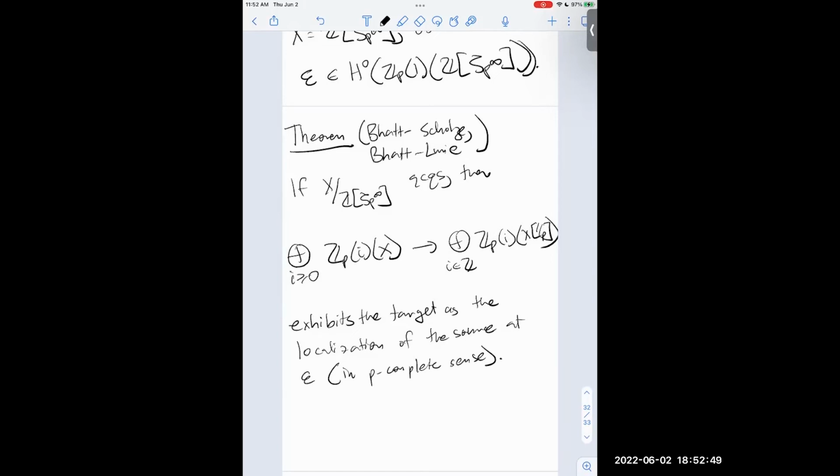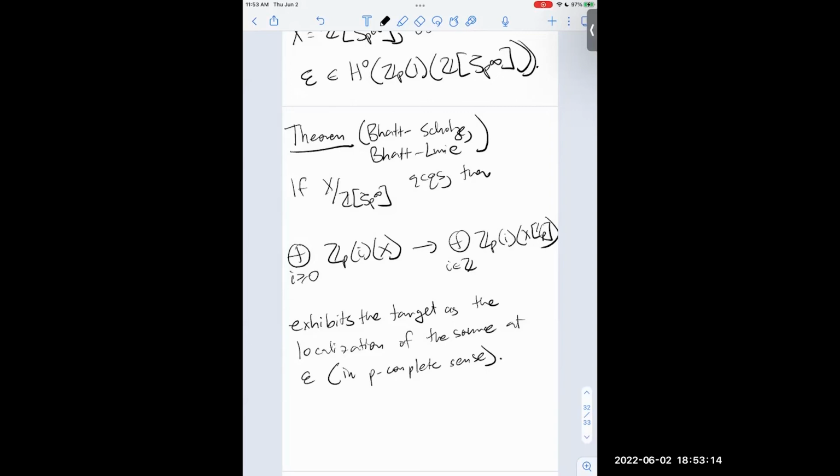So one can translate this, as explained in the Bhatt article, into the statement in the Bhatt-Scholze prisms and prismatic homology étale comparison theorem. But it takes this nice form: the map from syntomic homology of X to the étale homology of the generic fiber is given by inverting a class, again in a p-complete sense.